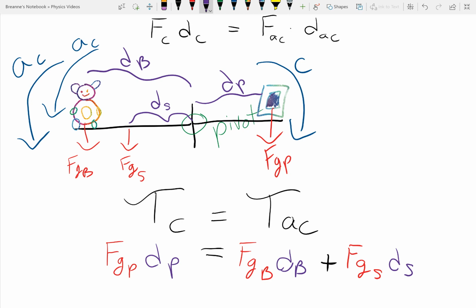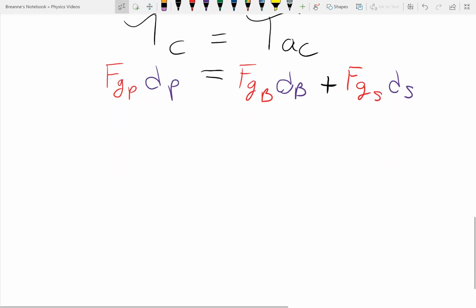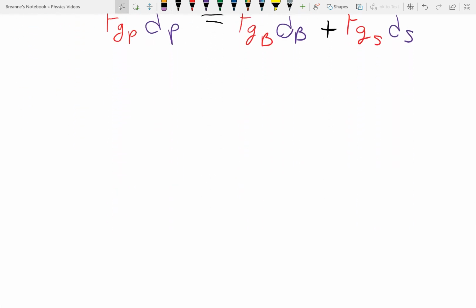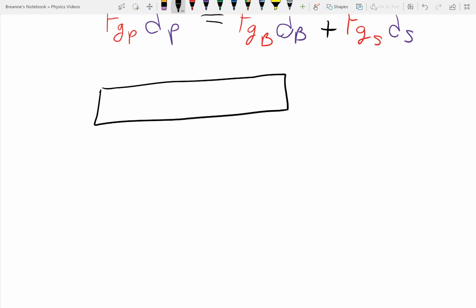And again, you would be missing one thing, and you solve that. Now it just becomes algebra to solve what you're missing for. The biggest takeaway from this problem is if you have a bar, the force of gravity happens at the center of mass.